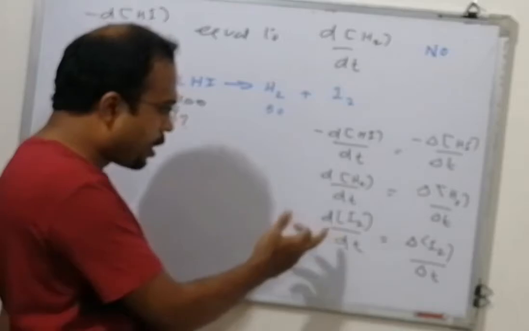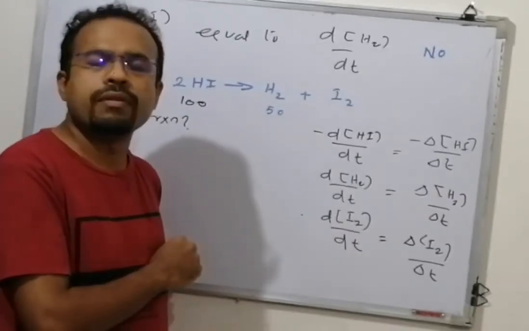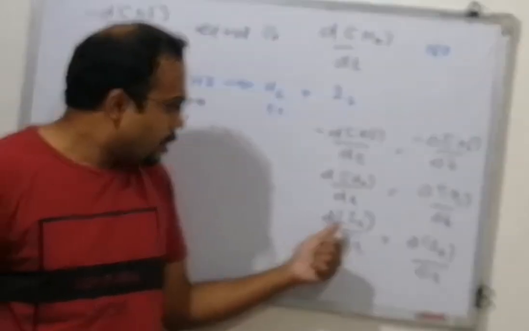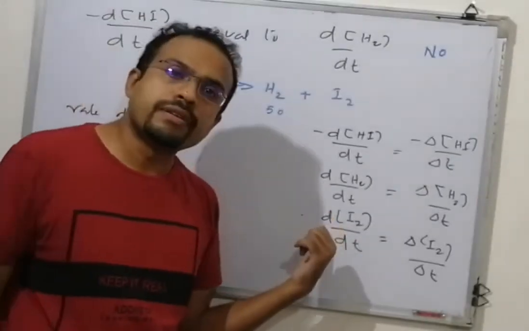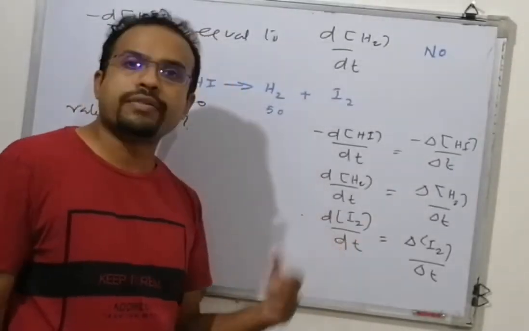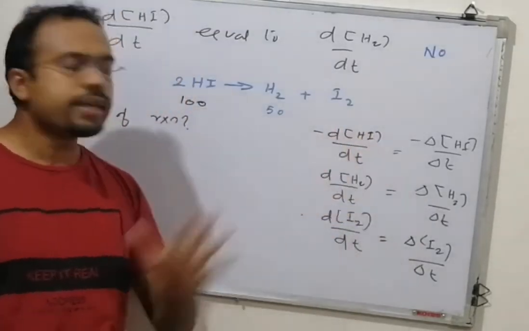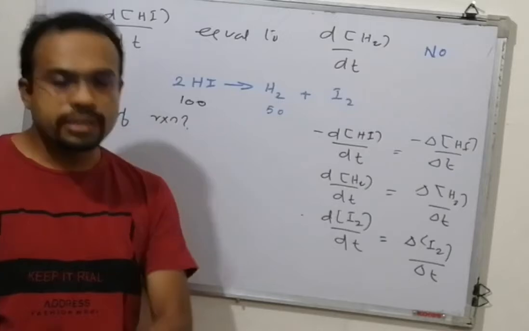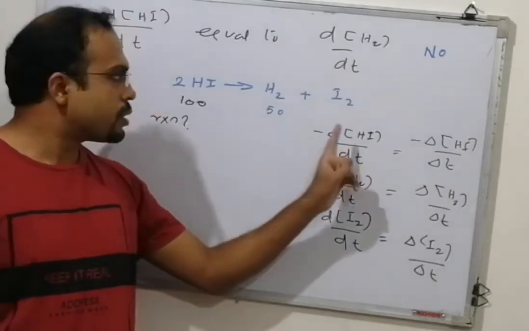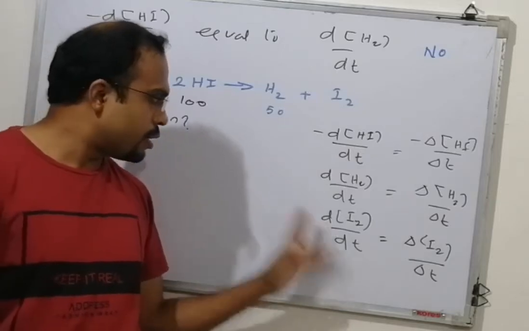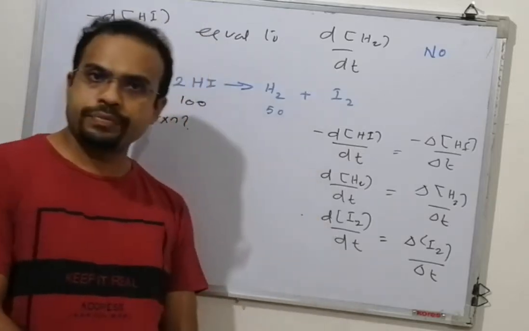Suppose Malavika takes this. She says that the rate of change of I2 is the rate of reaction. Khalil says rate of change of HI is the rate of reaction. Is it logical? No, because the rate chosen by Khalil is higher than the rate chosen by Malavika.